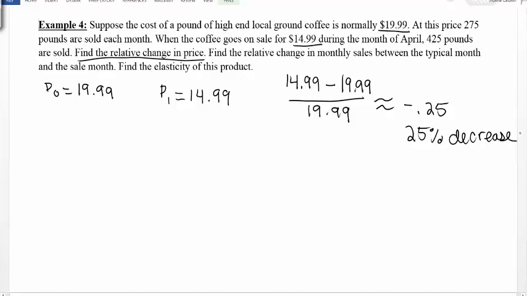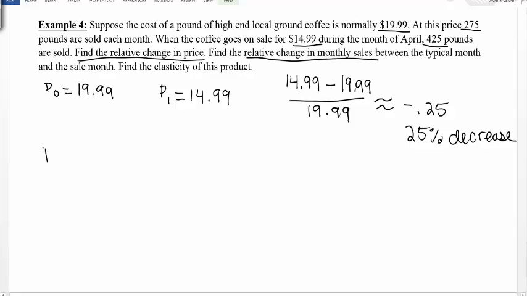Now, the next part, now that we have our relative change in price, is to find the relative change in monthly sales. So remember, when we typically sold it for $19.99, we were able to sell 275 pounds of coffee. When we changed the price to $14.99, we were able to sell 425 pounds.